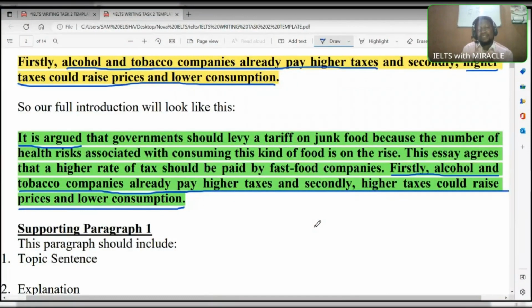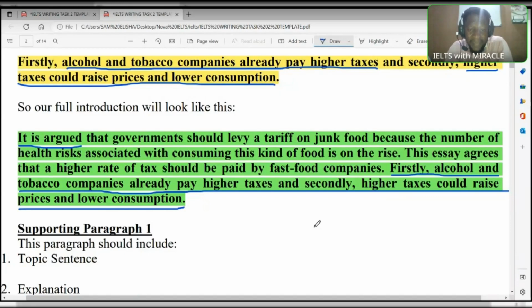So firstly, alcohol and tobacco companies already pay higher taxes. Secondly, higher taxes could raise prices and lower consumption. So what that means is that in my first body paragraph, I will discuss that since alcohol and tobacco companies already pay higher taxes, then why can't fast food companies pay higher taxes?